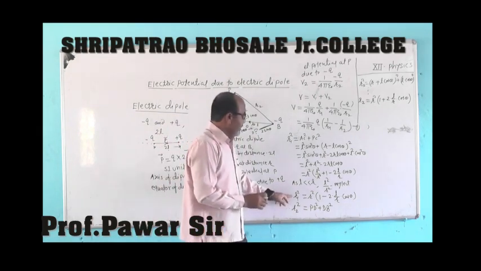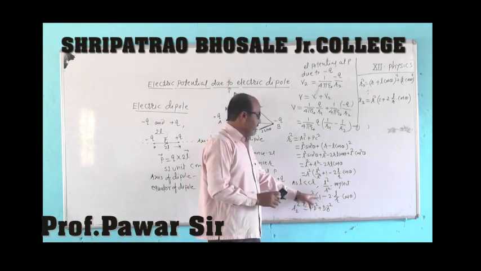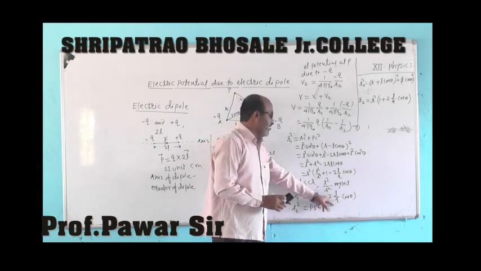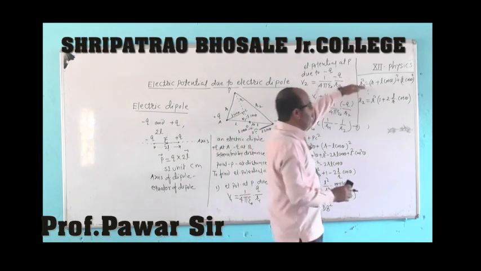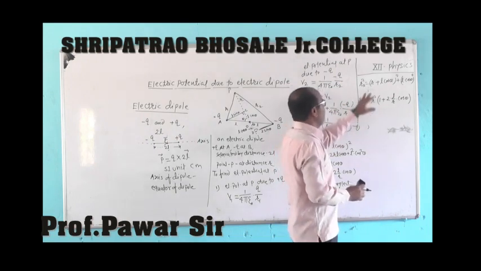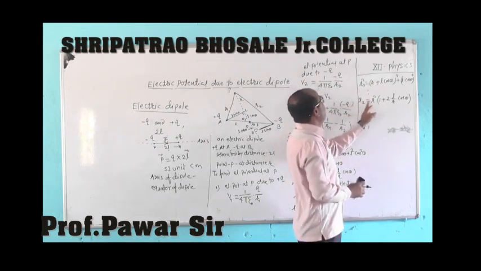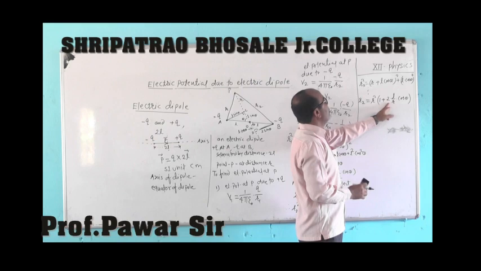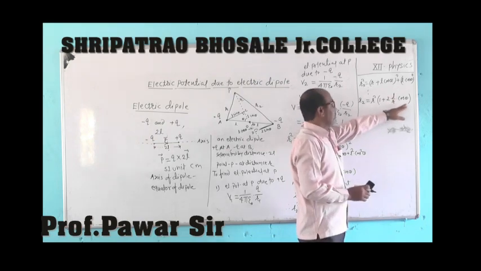So this is R1, R square into bracket 1 minus 2L divided by R into cos theta. Similarly, by the same process, we obtain R2 equal to R square into bracket 1 plus 2L divided by R into cos theta.